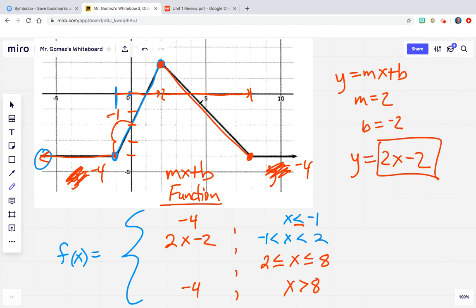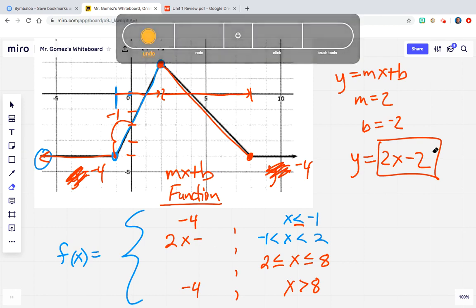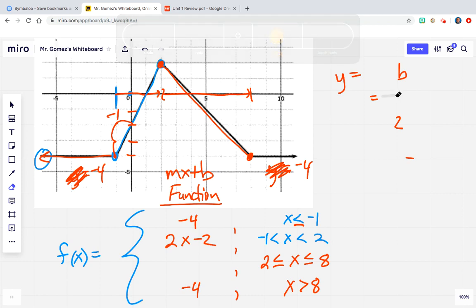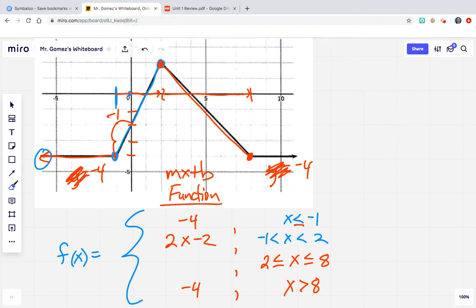Now over here, this is what I was showing you in class when we started the new unit. Let me make some room. We still are going for this y equals mx plus b because they are all lines of the systems of equations. But this one's a little bit different. Let's say I couldn't see where it went to, but I could see at least one of the points that lay on this line.